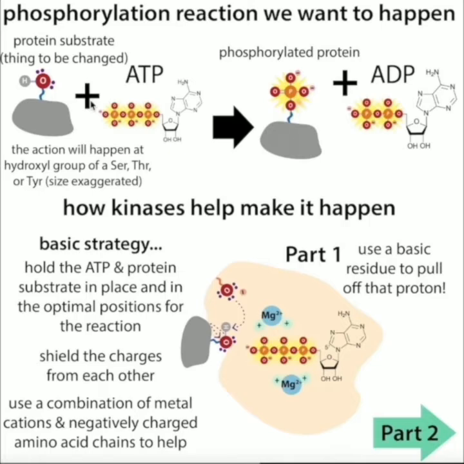Since you have this negatively charged thing, you want to help hold it in place and stabilize it. To do that, you can use positively charged things. Kinases often use metal cations. A cation is a positively charged thing. Often kinases use magnesium cations, which have a +2 charge. They can help hold that ATP phosphate group in place.